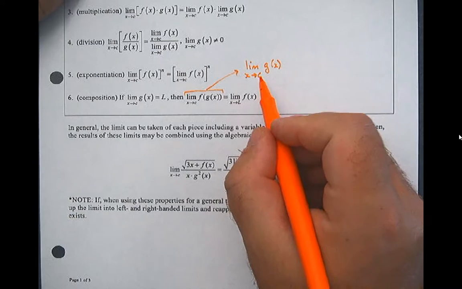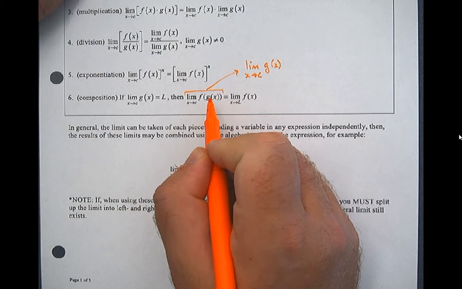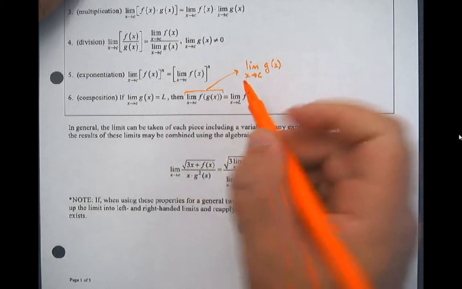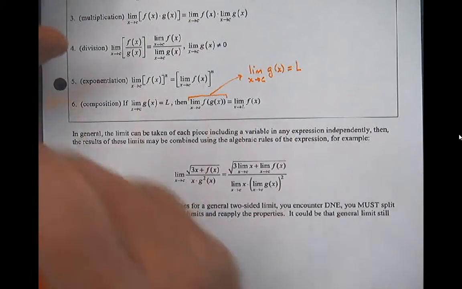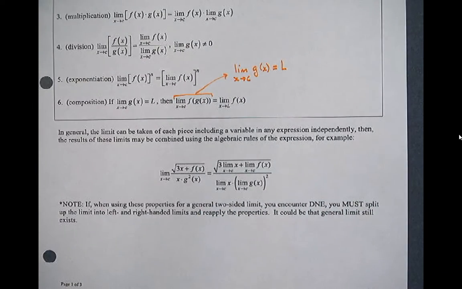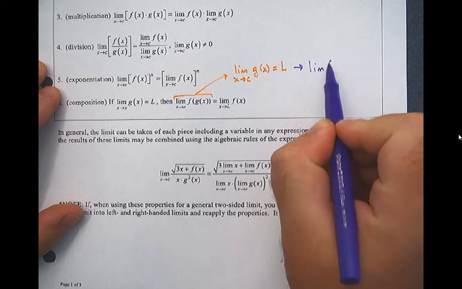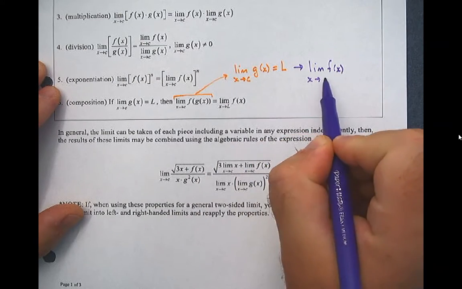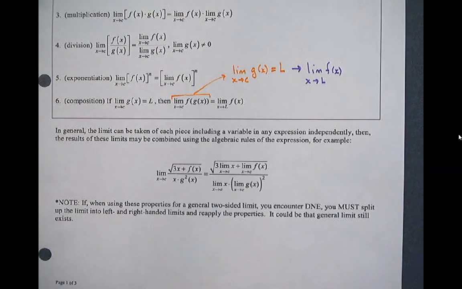Now that limit, why did I do that first? Because it's the inside function. So you think of the order of operations, you do what's in the parentheses first, right? So I take the limit of that. That's going to give me some limit, some answer, which we would call L. Then that would lead me to being able to calculate the limit of f of x now as x approaches, and it's going to turn out that it's going to be approaching that new value.